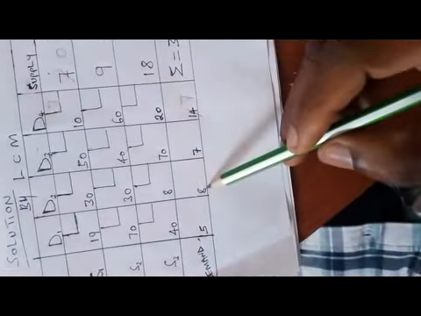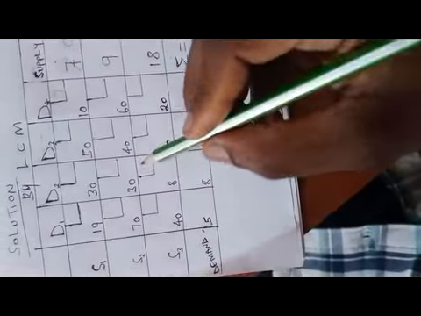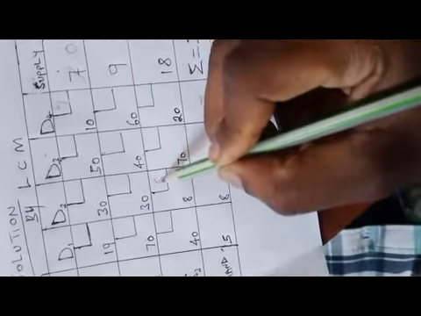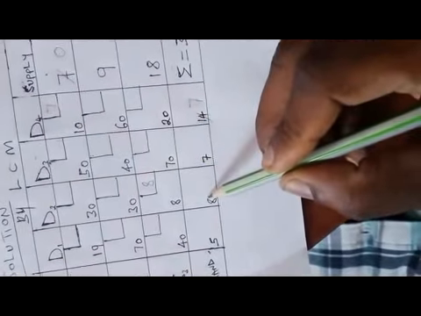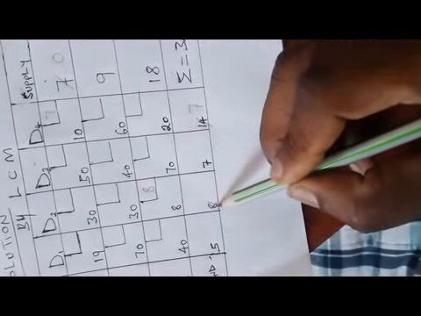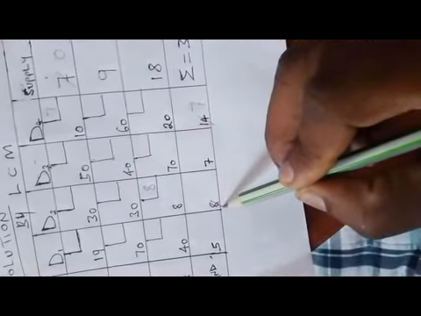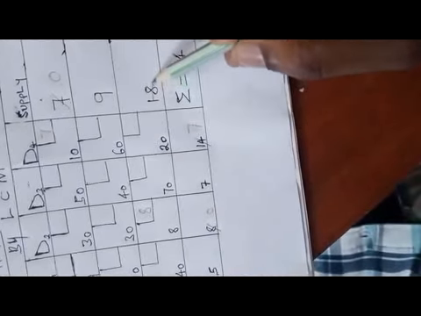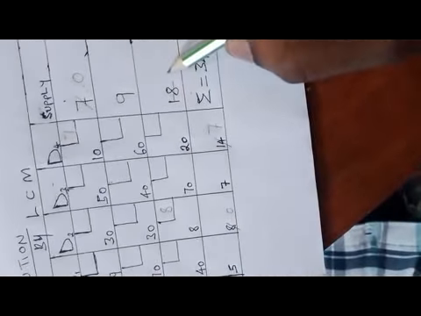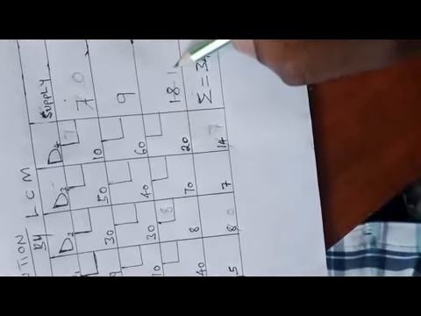Since our demand is 8 and our supply is 18, we can supply 8 here. After supplying 8, we subtract 8 from the demand, and it becomes 0. Here we subtract 8 from 18, and we remain with 10.